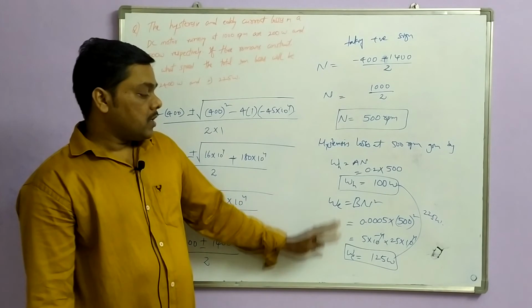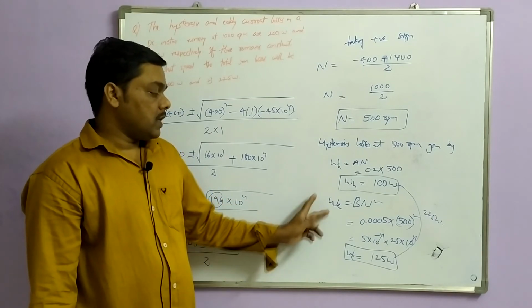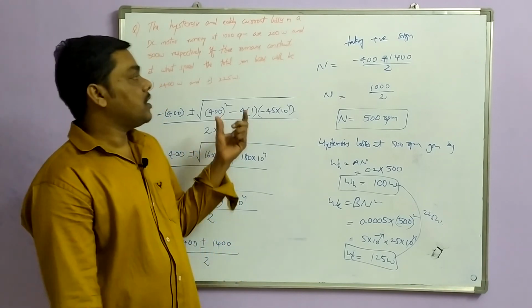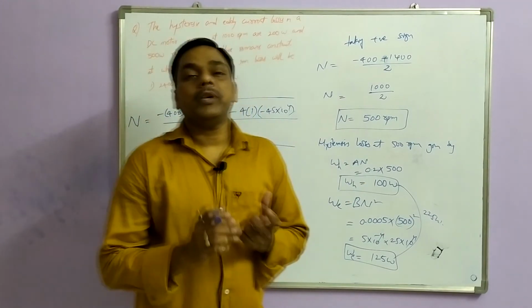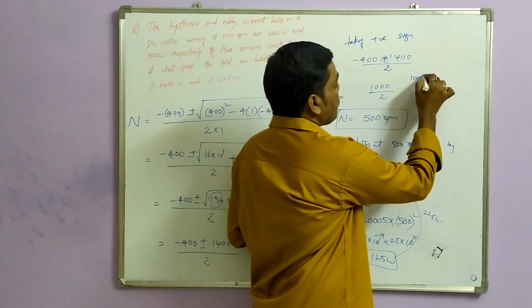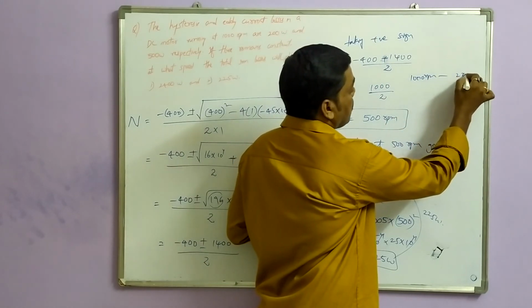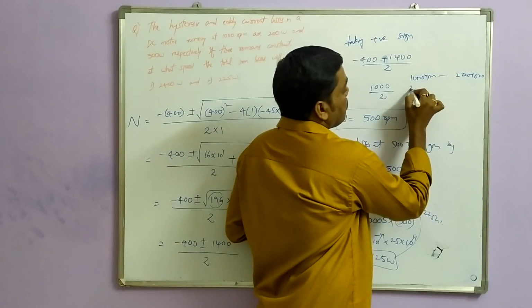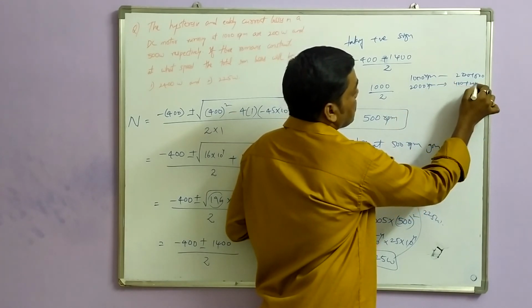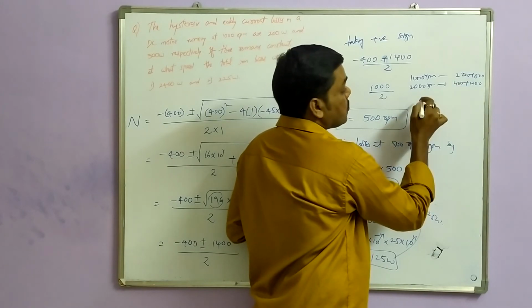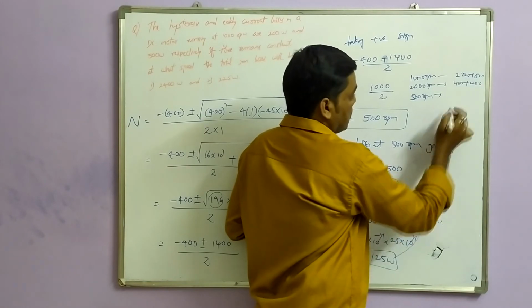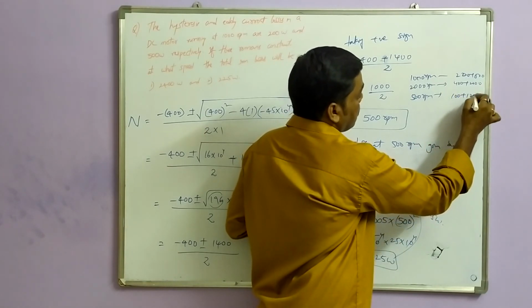Now this will be the case when both losses are calculated depending upon the A and B values. Now you can check for different speeds how the losses change. If the RPM is 1000, the losses are 200 plus 500. If the speed is 2000 RPM, the losses are 400 plus 2000. And if the RPM is 500, the losses are 100 plus 125.